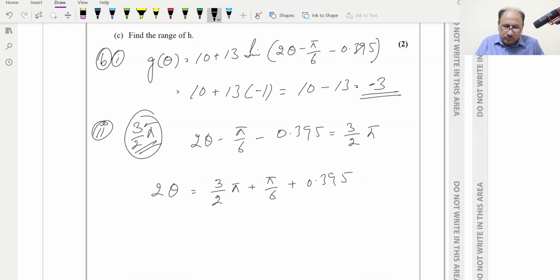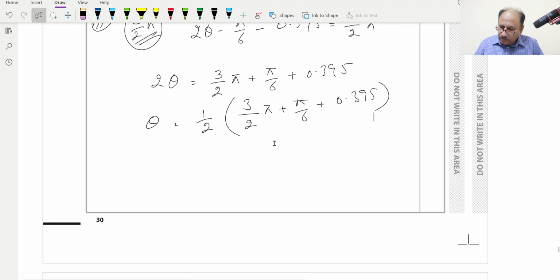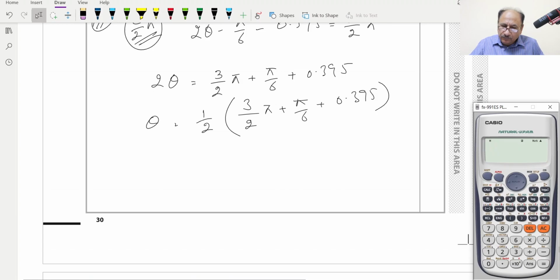I have shifted everything to the other side. So theta will be equal to 1 by 2 of 3 by 2 pi plus pi by 6 plus 0.395, and we can solve this with the calculator.